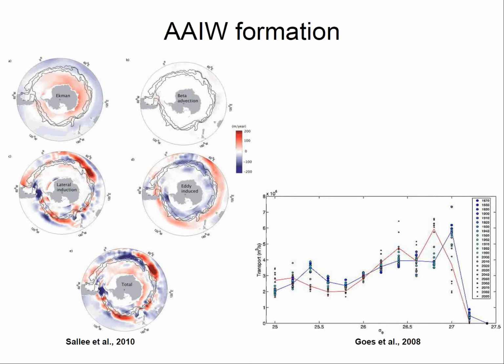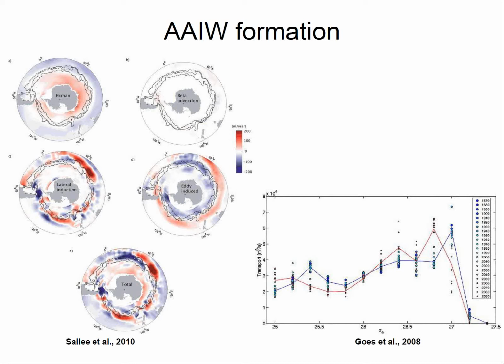So a little bit of the formation of Antarctic Intermediate Water. This is a paper by Sallée et al. 2010. So this measures the components of the subduction of the waters in the Southern Ocean.